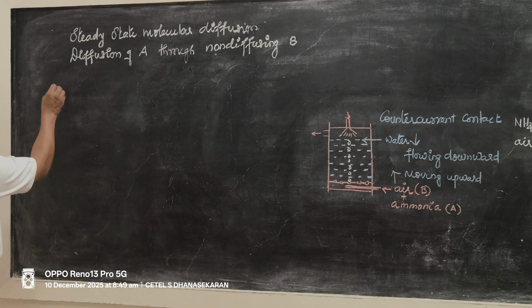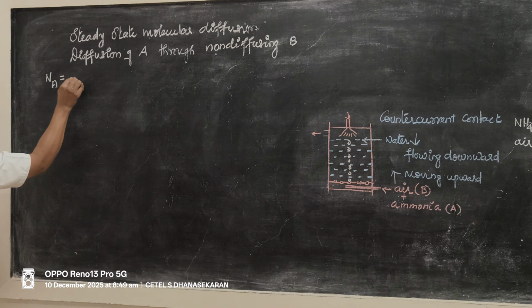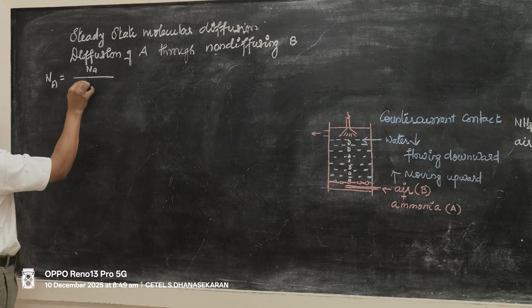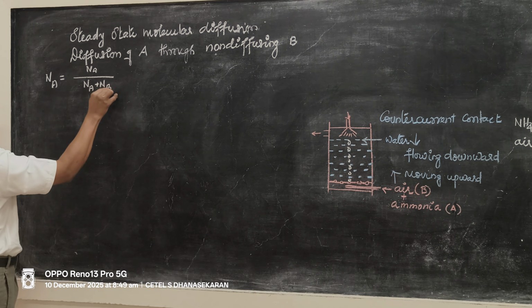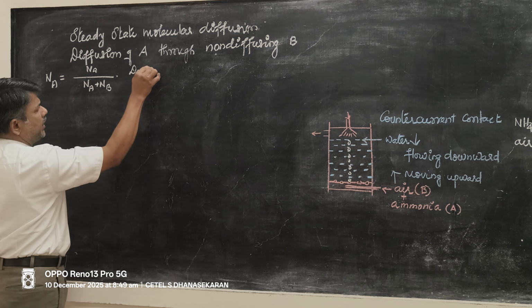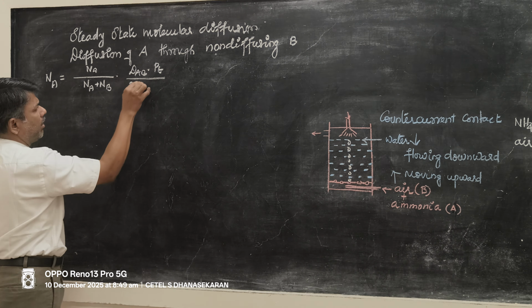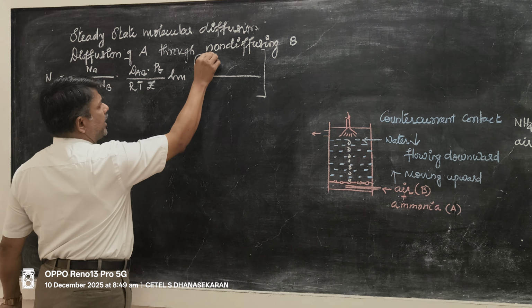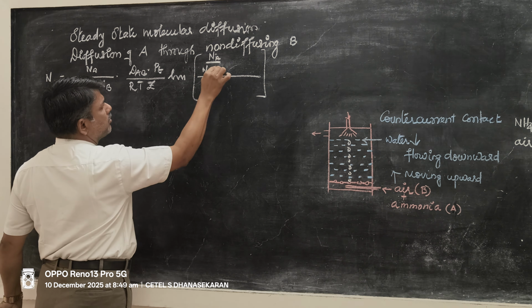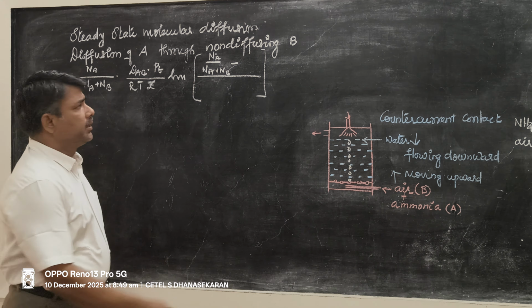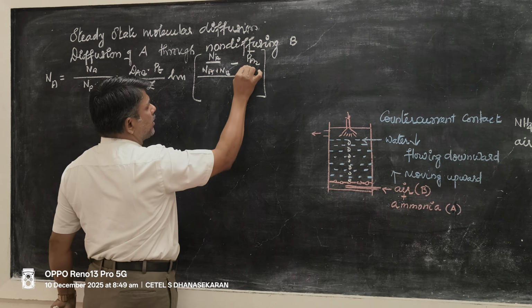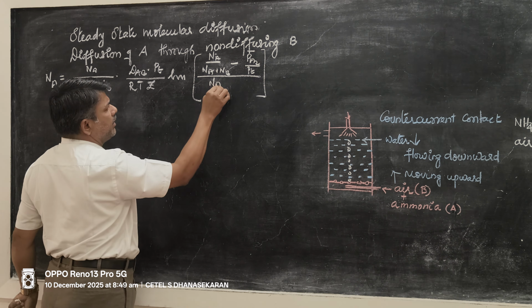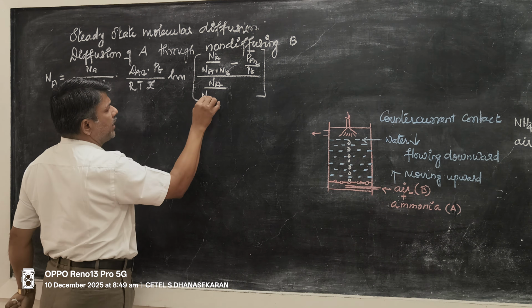The equation is NA is equal to NA divided by (NA plus NB), into DAB Pt divided by RTz, into ln of [NA divided by (NA plus NB) minus PA2 bar divided by Pt] divided by [NA divided by (NA plus NB) minus PA1 bar divided by Pt].